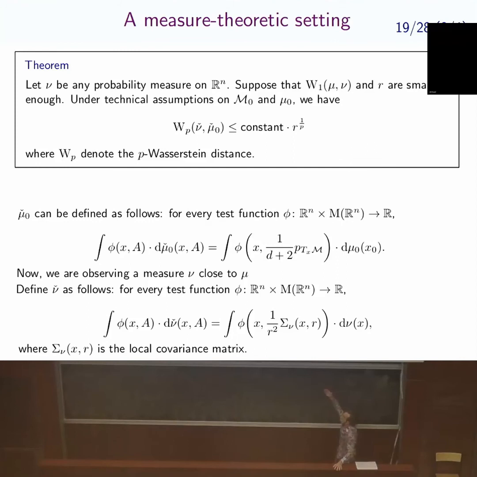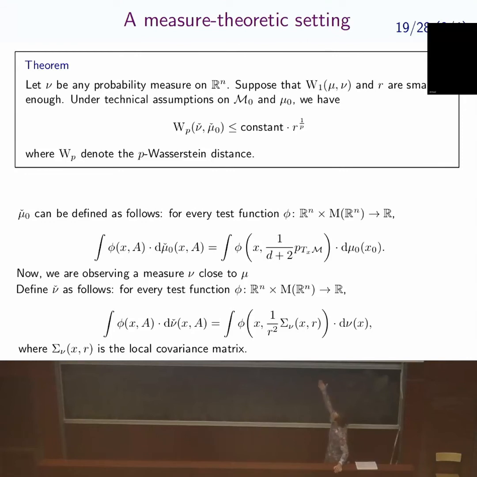For this result to work, you have to suppose that the initial Wasserstein distance between the measure and the ground space is small, and that the parameter R of the local covariance matrices is small too. Then the p-Wasserstein distance, for any p, is bounded by this term.